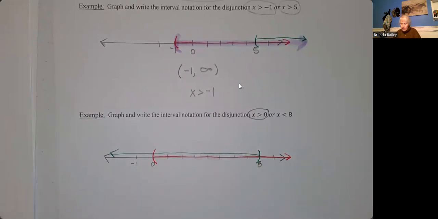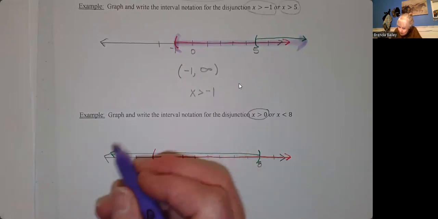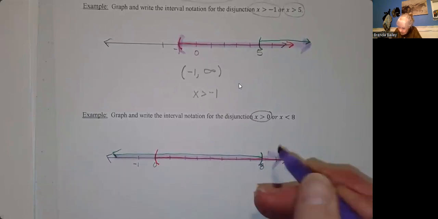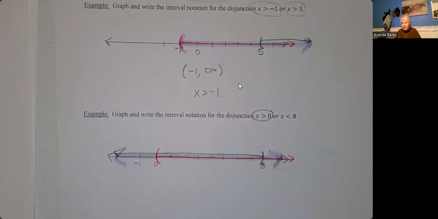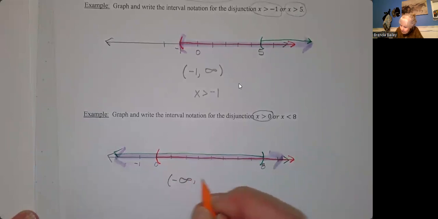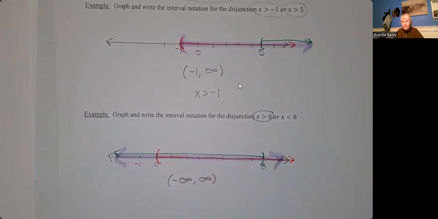So our solution is actually the whole number line, from negative infinity to infinity. That would be the interval notation for that solution. It's everything when you combine the two, or in set notation, you would just write all real numbers.